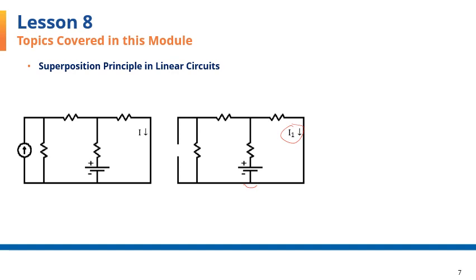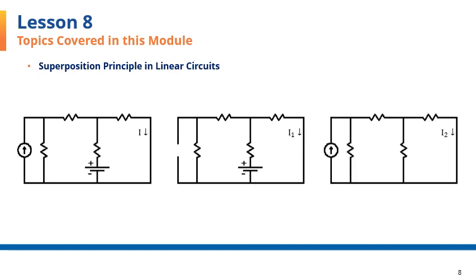Next, I will restore the current source and zero out the voltage source by shorting it out. Calling the current due to the current source alone I2, superposition principle says that adding I1 to I2 will give you the correct value for I. So for multiple source circuits, we can divide and conquer by considering the sources one at a time and adding the results.